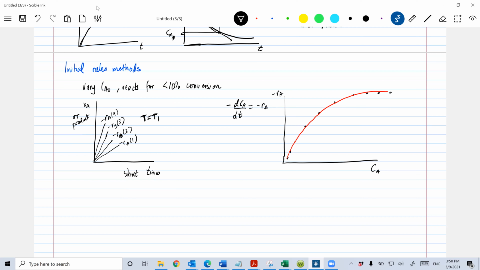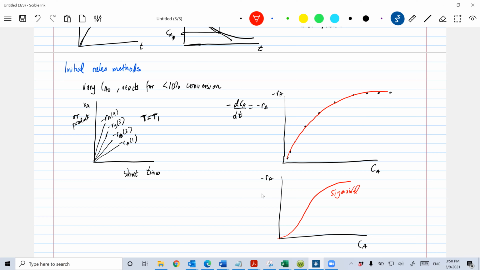Actually, you can also have a plot that looks like this. Let's see, my computer acts out. You can have a plot that looks like this. This is called the cooperative Hill function, the sigmoidal curve.